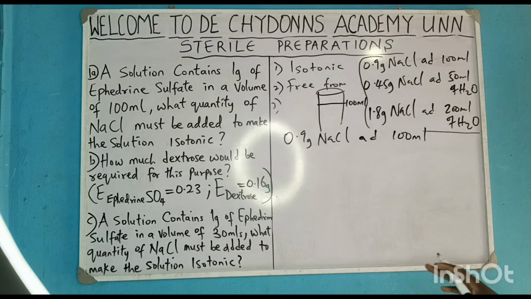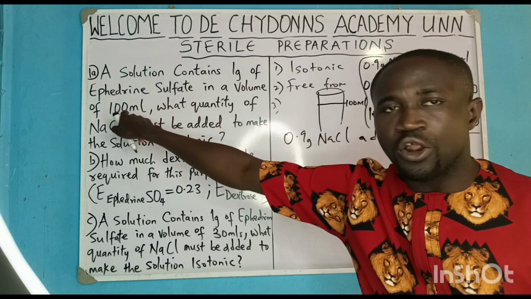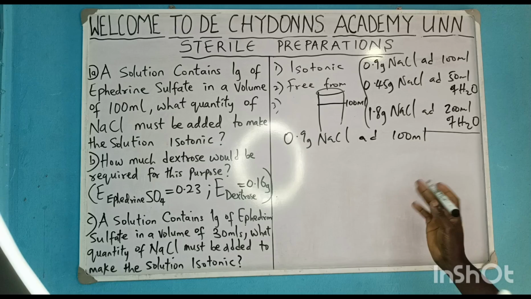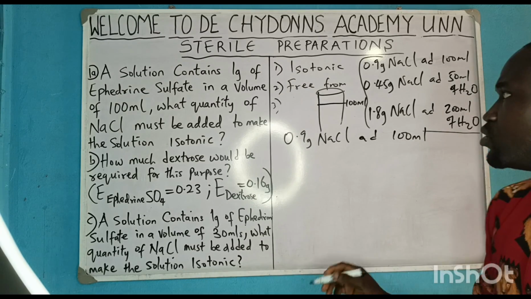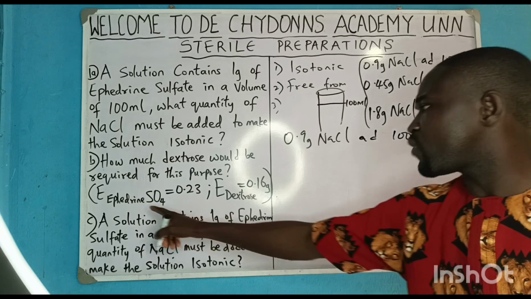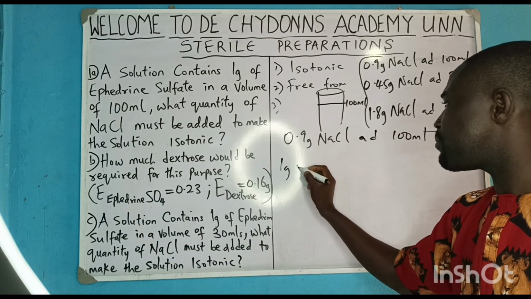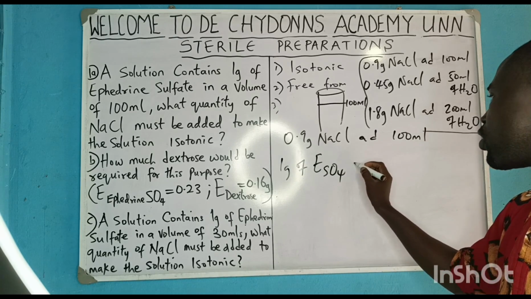Now, the implication is that this 1 gram of ephedrine is also in 100 ml. So this one 100 ml, this one 100 ml, making our work easier. Next thing I will do is tell them that from what they said here, they are saying that 1 gram of what? Ephedrine sulfate contains what?